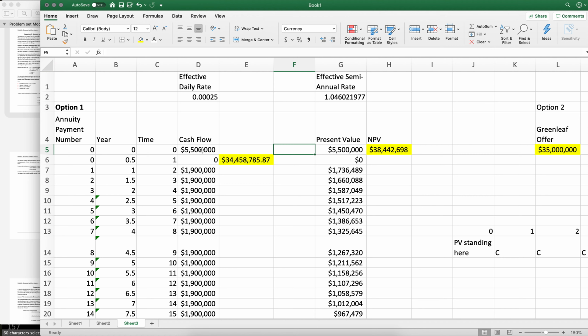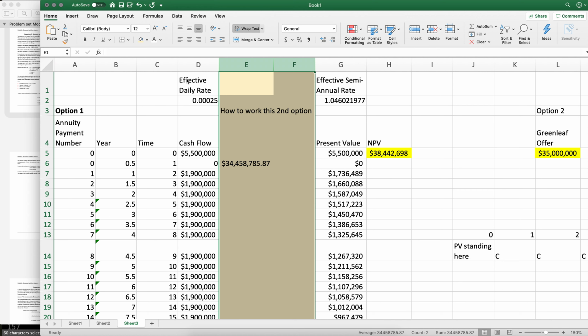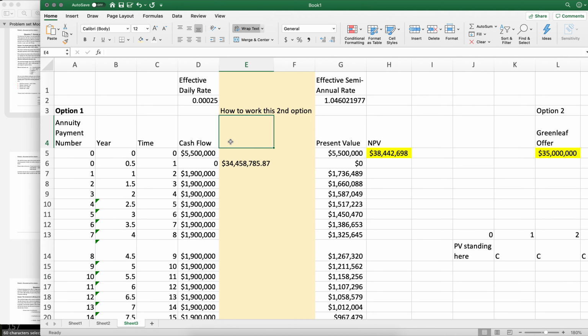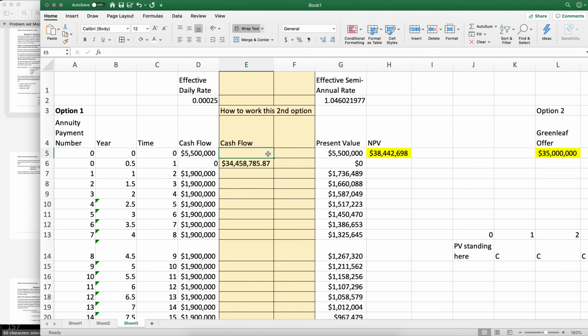So in order to get the present value, let's do this. I'm going to make this whole thing a different color. Your cash flow, let's add some borders here so we can see what we're doing. You're going to have a $5.5 million cash flow.